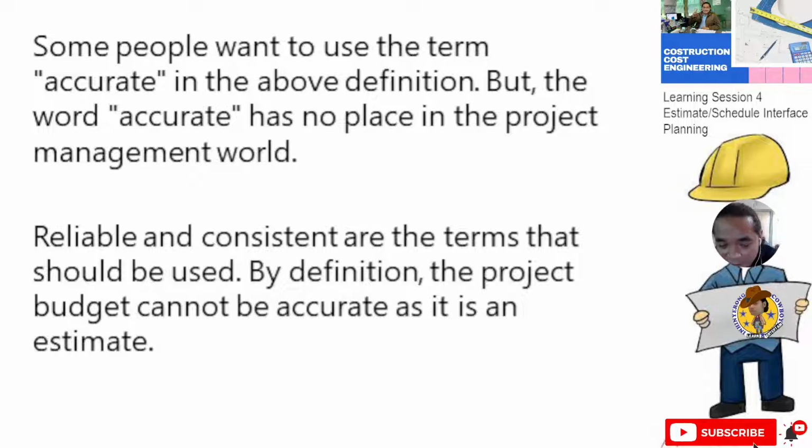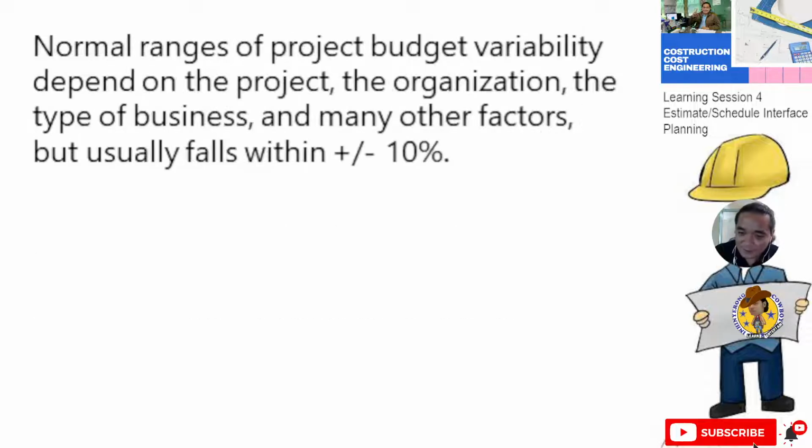So imagine the increase in cost, that is 70 pesos. If that hits you and you have a project, that's not good for the company. Reliable and consistent are the terms that should be used in the definition. The project budget cannot be accurate as it is an estimate.